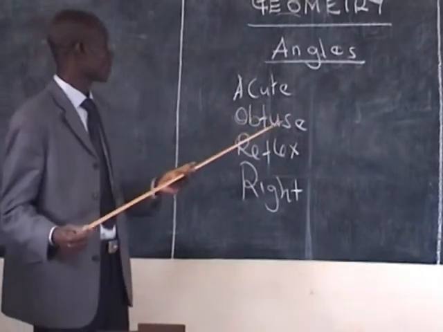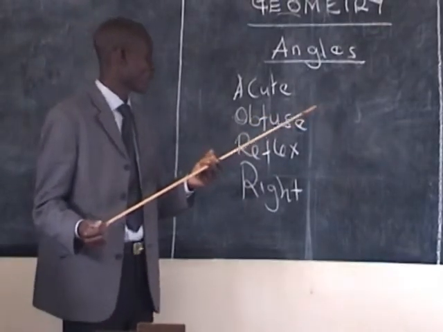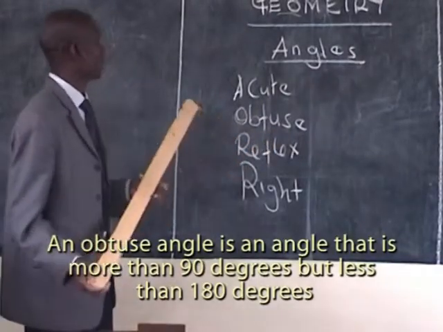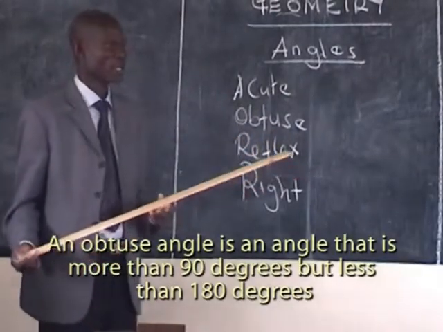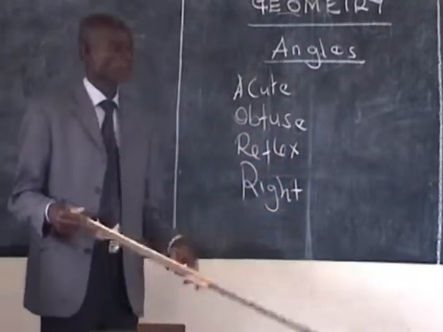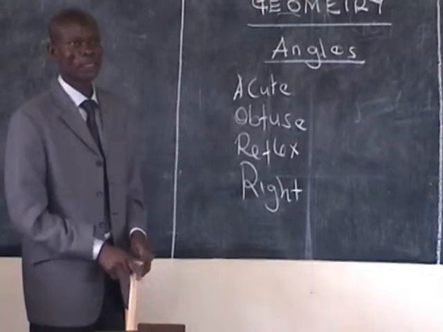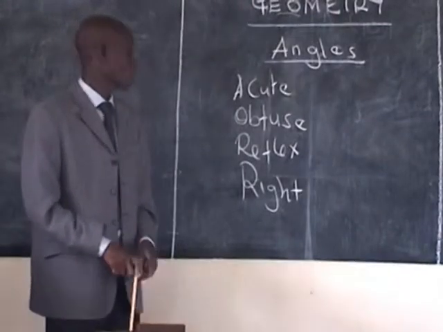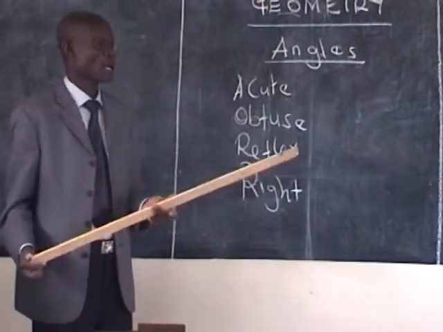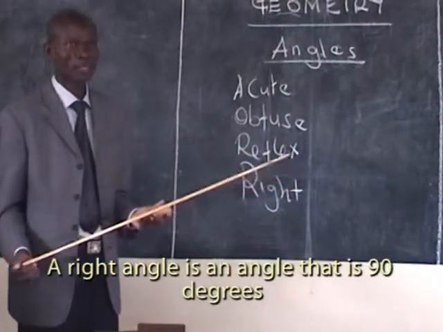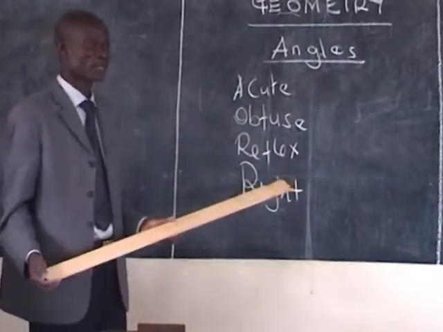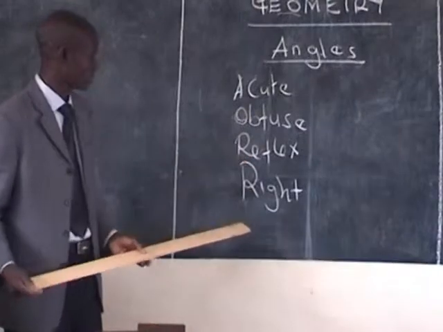An obtuse angle is an angle that is more than 90 degrees, but less than 180 degrees. What about a right angle, as we discussed in the previous class? Good. A right angle, as we said, is an angle that is exactly 90 degrees, or an angle that is marked 90 degrees.